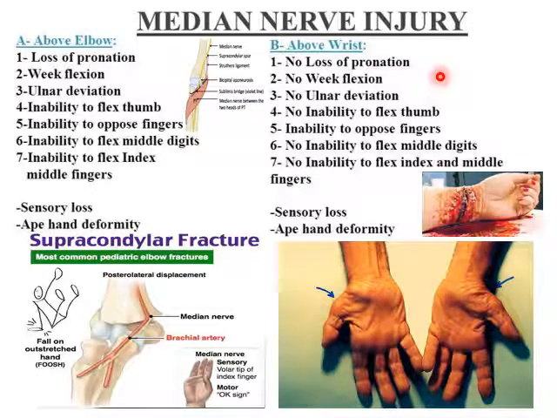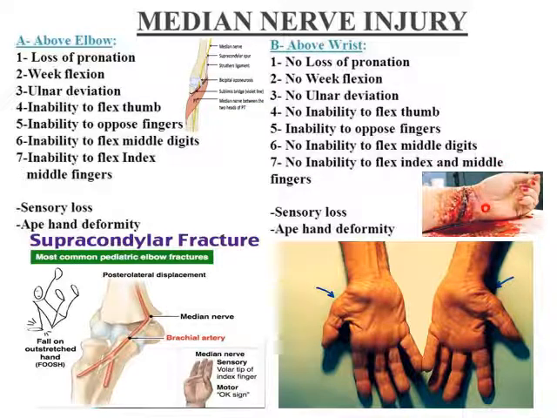So coming to the signs that appear when the injury to the median nerve is just above the wrist. In this condition, the innervation to the long flexors of the forearm are all preserved.